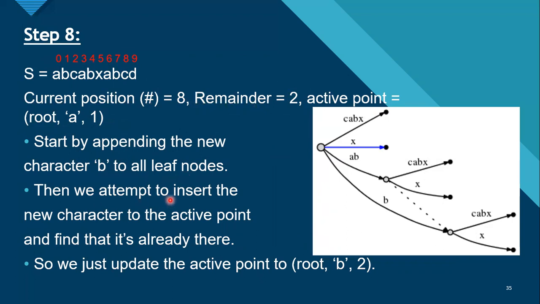And then we attempt to insert the new character B at the active point, which is root A1, and we find that it's already there. So we do nothing about the tree. We just update the active point to be root B2.